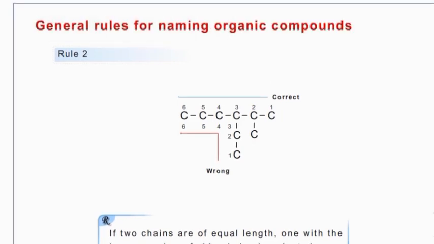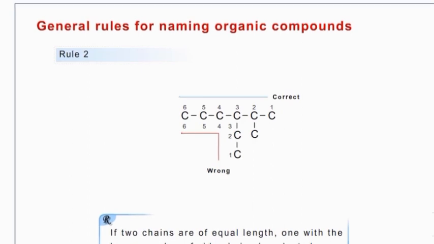If 2 chains are of equal length, the one with the larger number of side chains is selected. So you could see that the correct method has 2 side chains, whereas the wrong one, the first numbering method, has 6 carbon atoms but only one substituent present on it. Whereas in the second method, you have 2 substituents attached to the longest possible carbon chain.